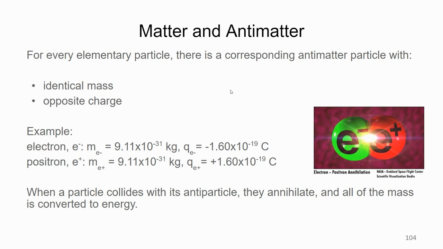Onto this idea, matter and antimatter. So for every elementary particle, there is a corresponding antimatter particle with the identical mass, but the opposite charge. So elementary particles. Electrons are elementary particles. So this is the mass of an electron, and this is the charge of an electron.